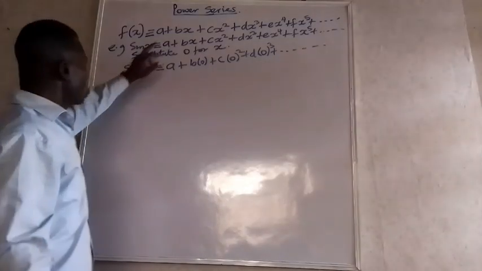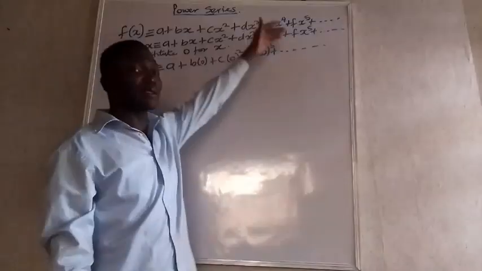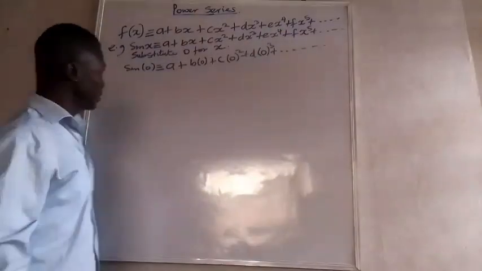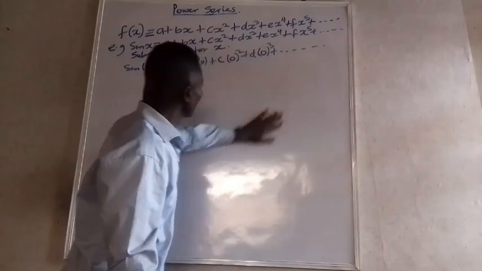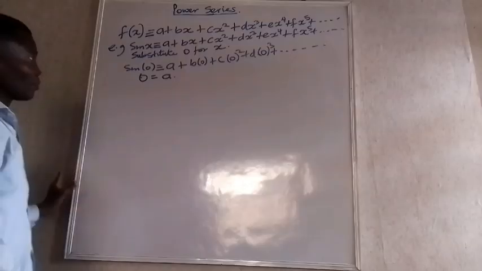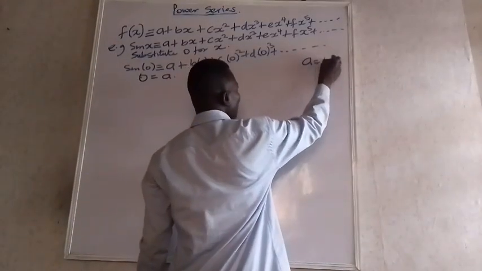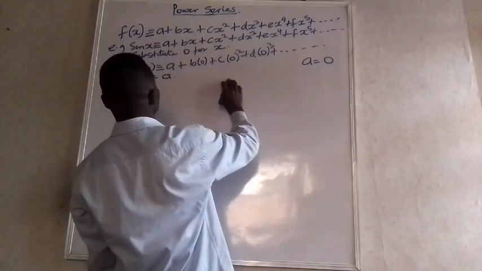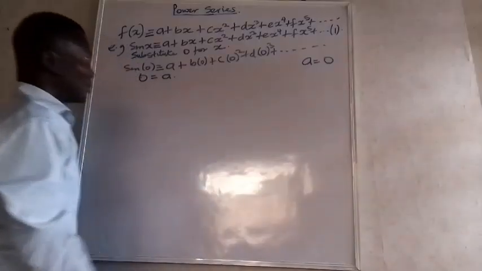I think I explained before that it's like we express it in the powers of x. That's why we call it power series. Now, since I have sin 0 equal to this, 0 will be equal to a. So a equals 0. Let's call this expression 1.